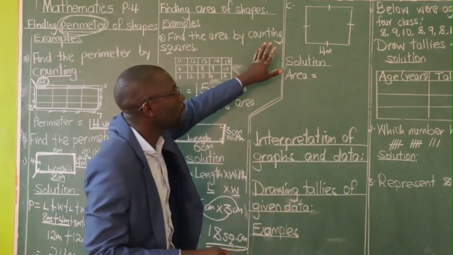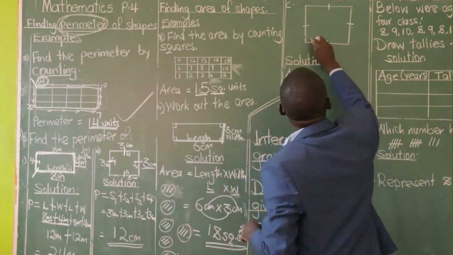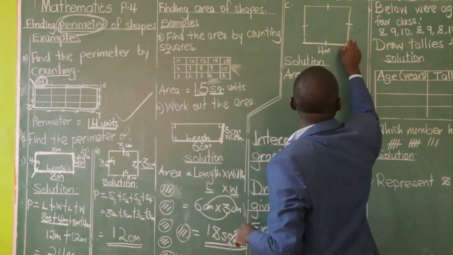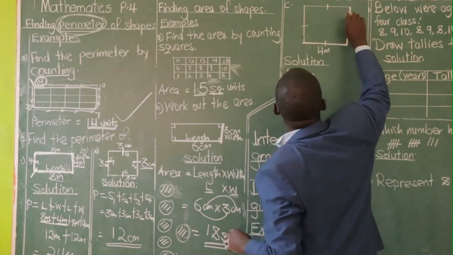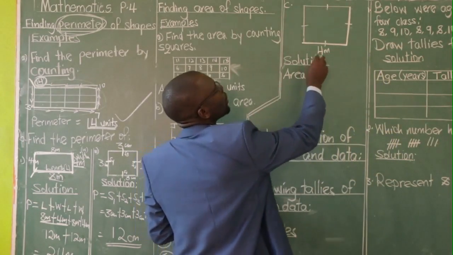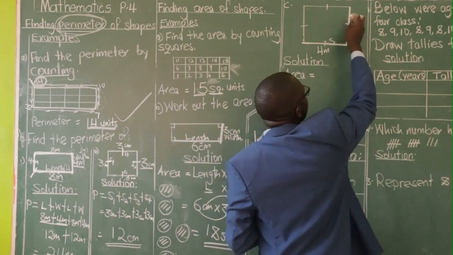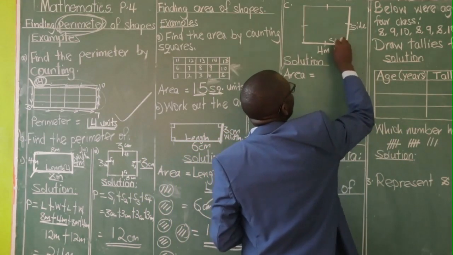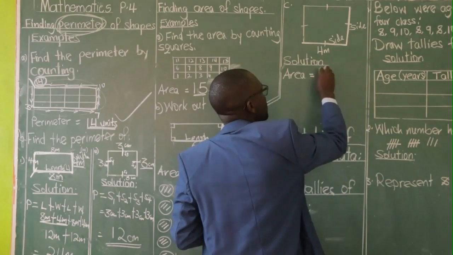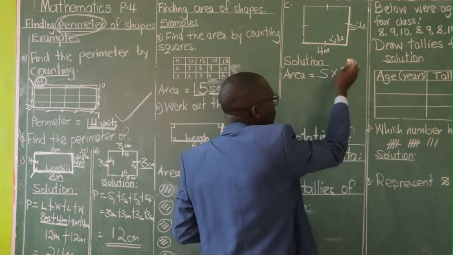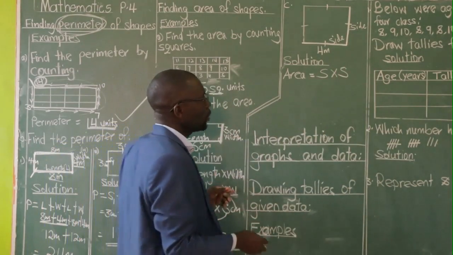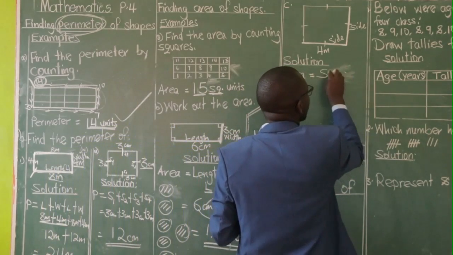But when you are finding area, we have to multiply only two sides, that side and that side. This is a side and that is also a side. So we are going to say side times side. Simple. Not 5 times 5. Let's write it like this.